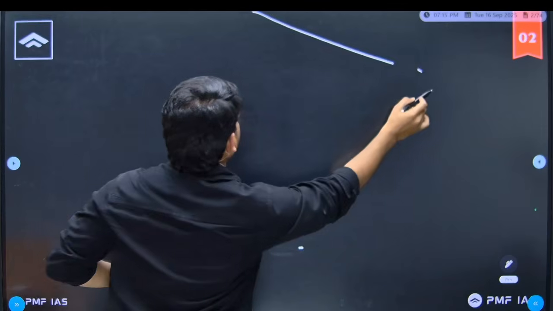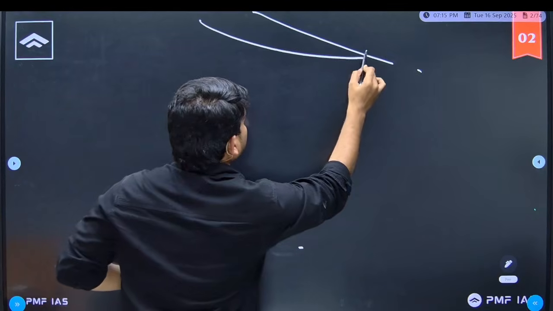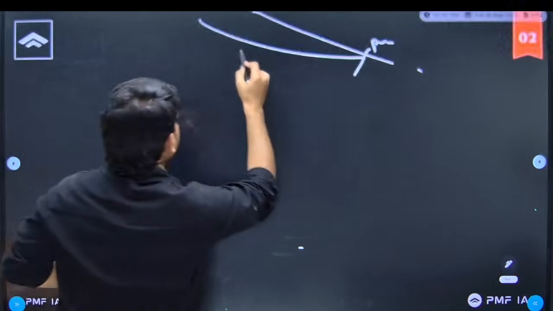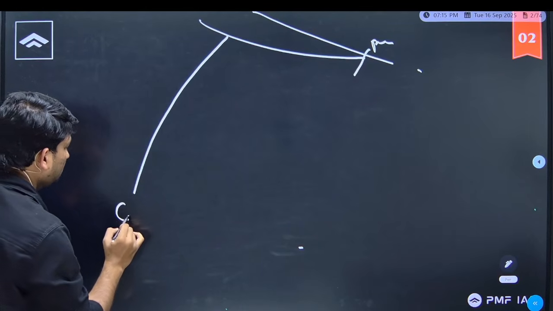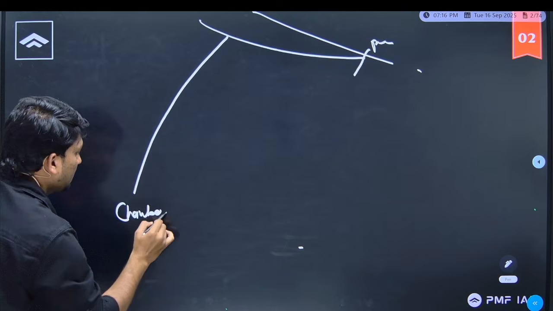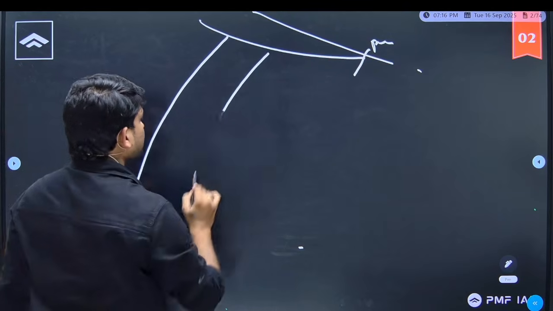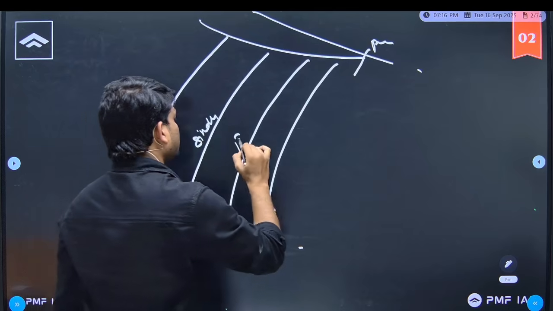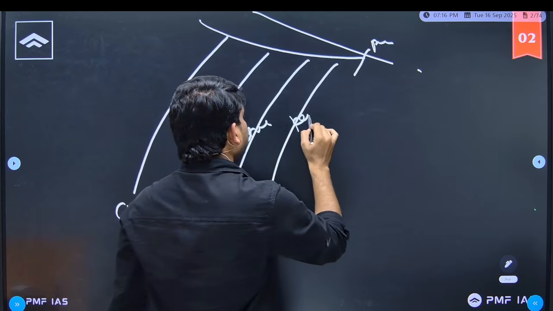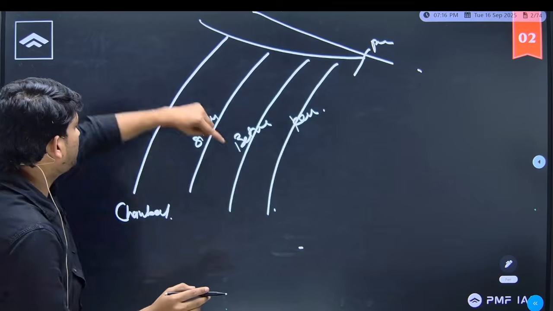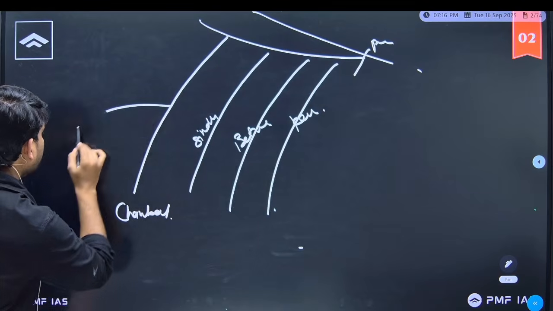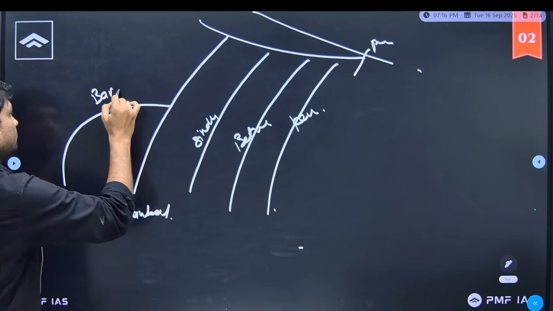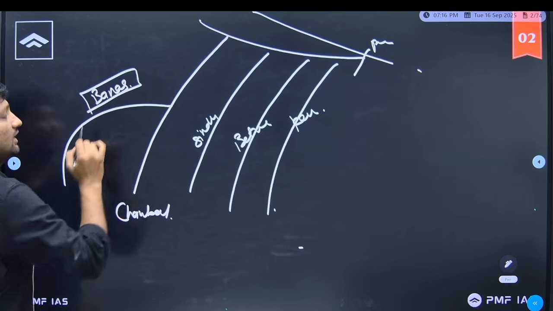Suppose this is Ganga, this is Yamuna, this is Prayagraj. So this is Chambal, Sindh, Betwa and Ken, right? So we have this tributary of Chambal, that is Banas.